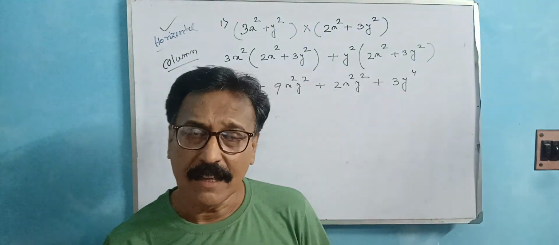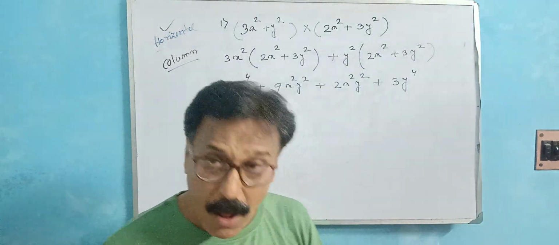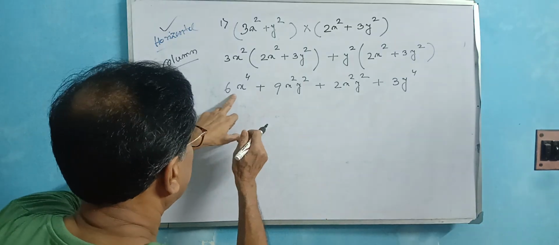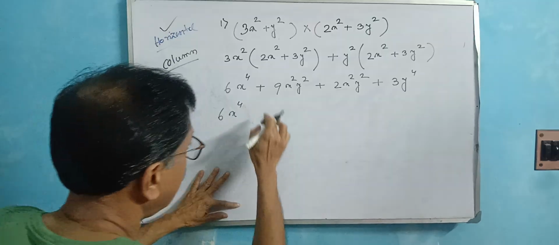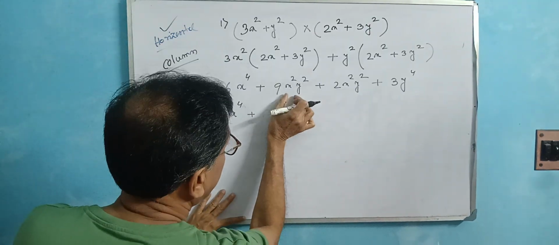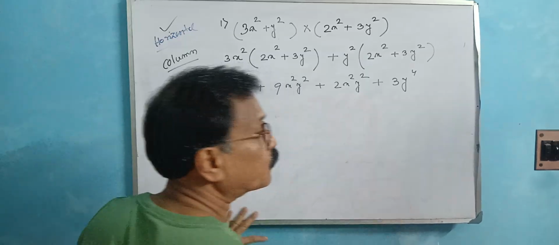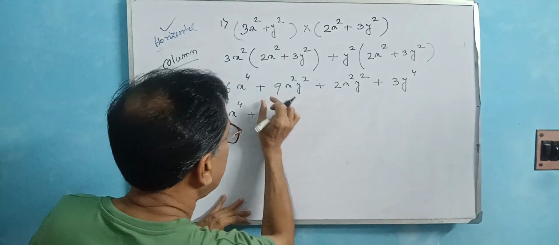Now the next is the rule of simplify. Here is 6x to the power 4; there is no other x to the power 4. Now this is x square y square, and this is x square y square, like terms. In simplifying, you know very well, the same sign means addition.